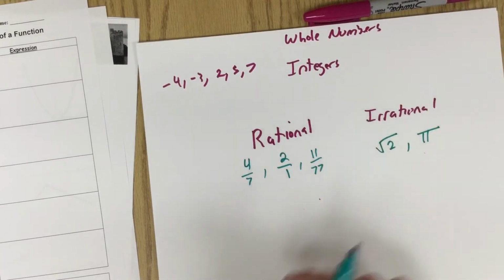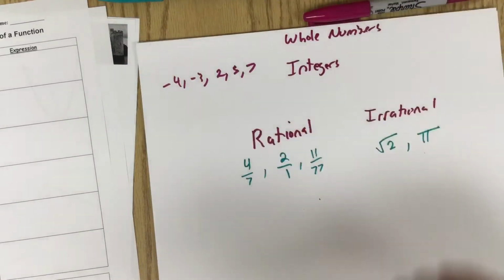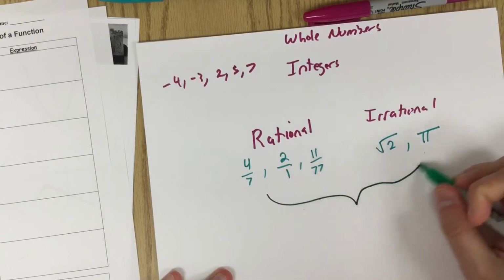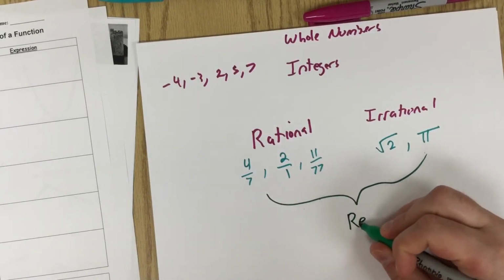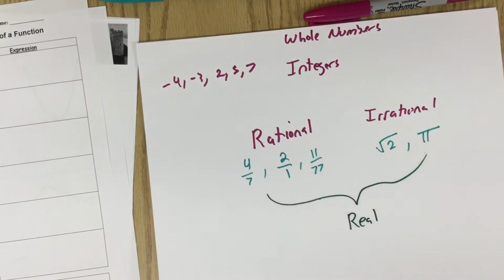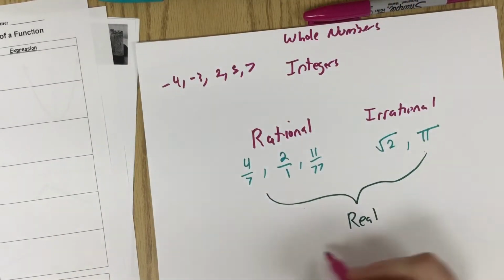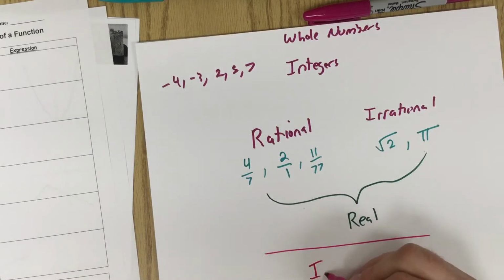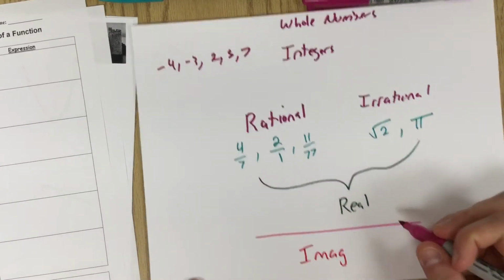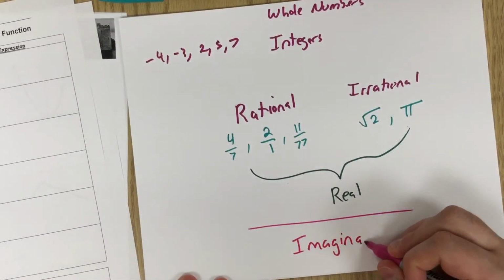The rational and irrational numbers together we call the real numbers. And if a number is not real, then it's imaginary.